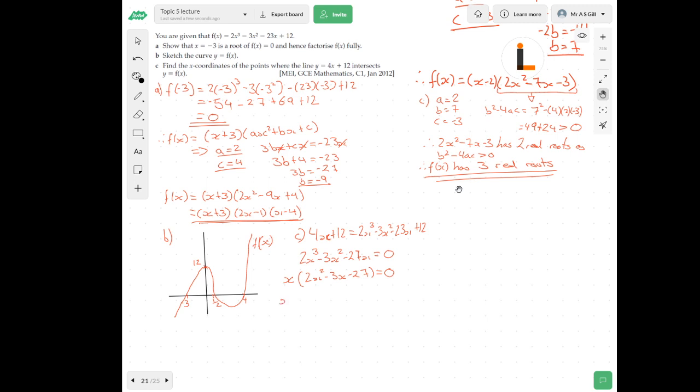And then we can again go through and factorize the quadratic that we are left with.